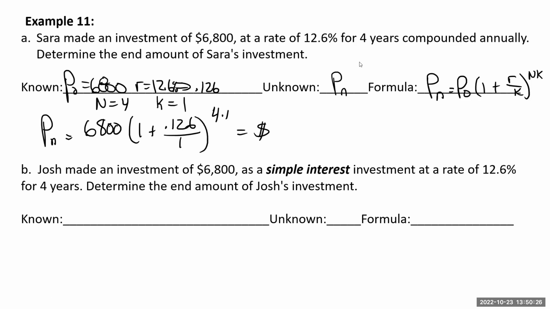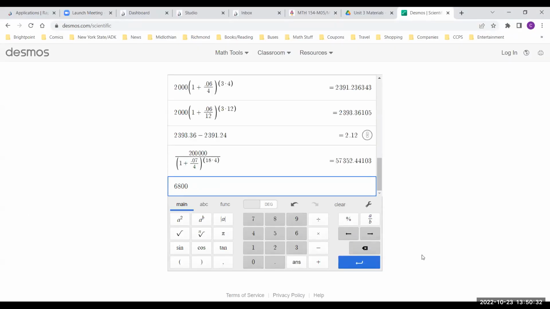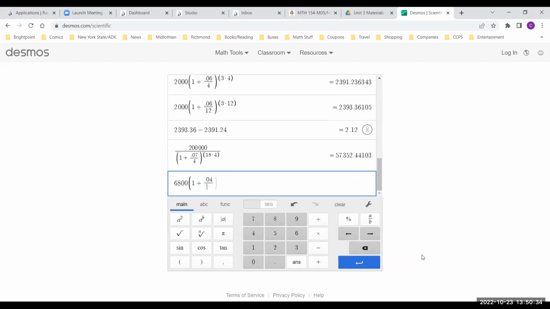Let's see how much money Sarah will have in her account.